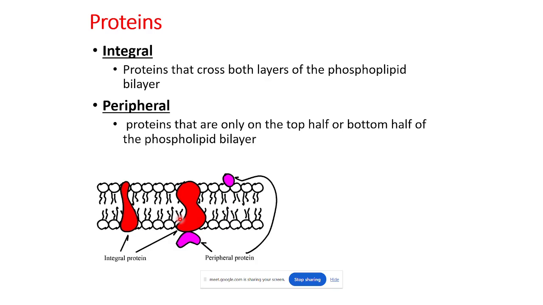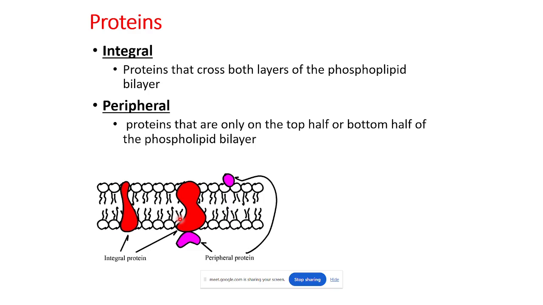But these integral proteins are very critical for maintaining activity across the hydrophilic and the hydrophobic environments, the outside environment versus the inside cellular environment, and most of them act as channels or gates for the passage of ions, ion channels, and different other substances to maintain the balance or to disrupt something.